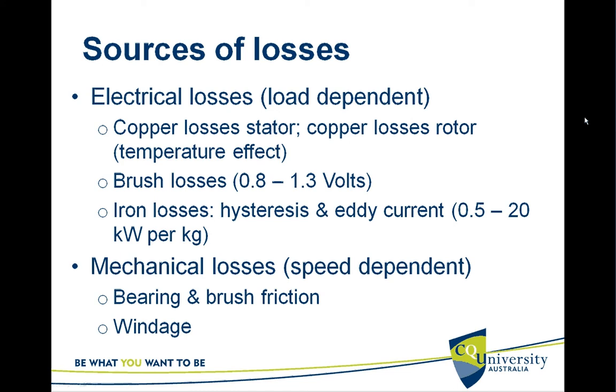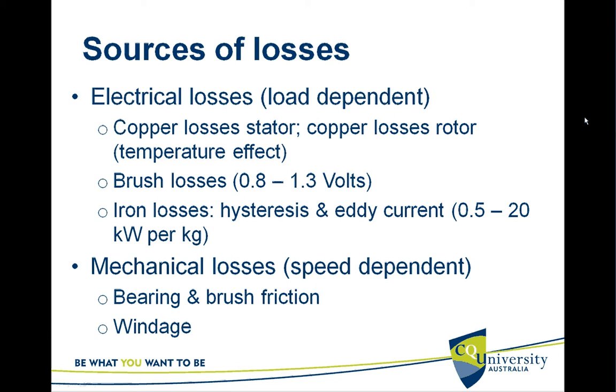Now at the brushes, there is a voltage drop of 0.8 to 1.3 volts roughly. And the iron losses would roughly fall within 0.5 to 20 kilowatts per kilogram of iron in the stator and the rotor.